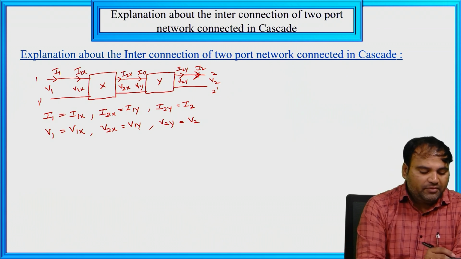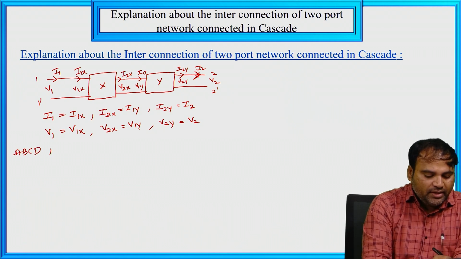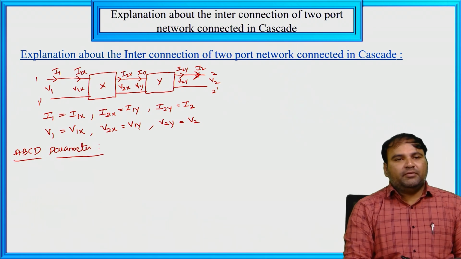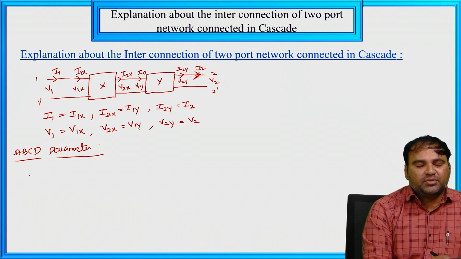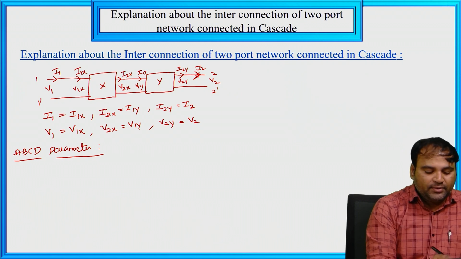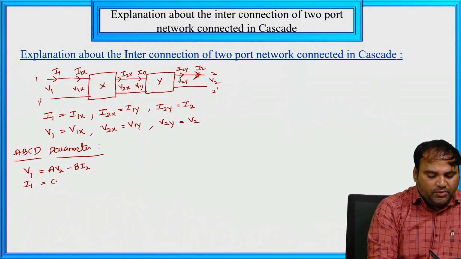Now we need to write the ABCD parameter equations. For the ABCD parameters, we write the input voltage and input current in terms of the output voltage and output current. So V1 equal to AV2 minus BI2, and I1 is equal to CV2 minus DI2.